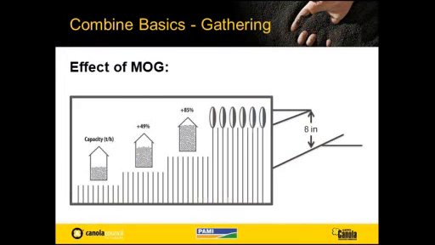I talked about the height of cut, and the reason that we talk about that is the amount of material other than grain and its impact on the combine itself. Most combine capacities are based upon its MOG feed rate, and MOG being material other than grain. I show a little demonstration.